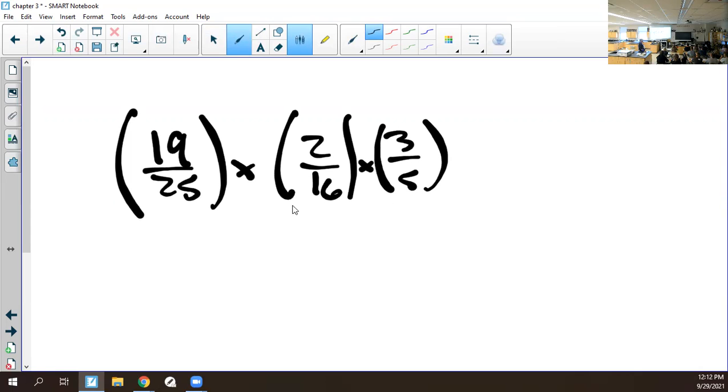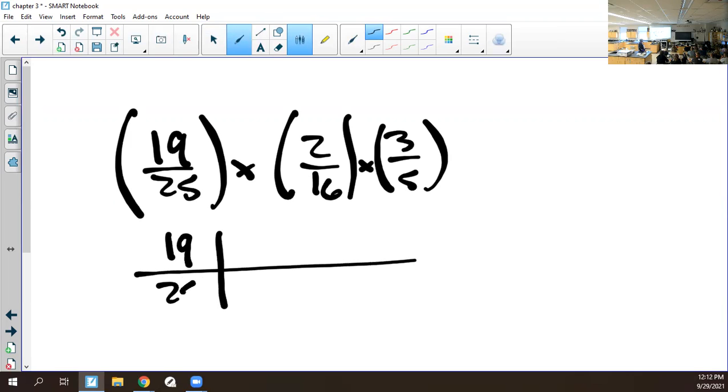In chemistry, we would just say we have 19, 25, 2, 16, 3, and 5. That's all we're doing is eliminating the amount of times we write parentheses. It's the same exact thing, they call it unit analysis in math, and it's no different. We're just making a little fence out of it.